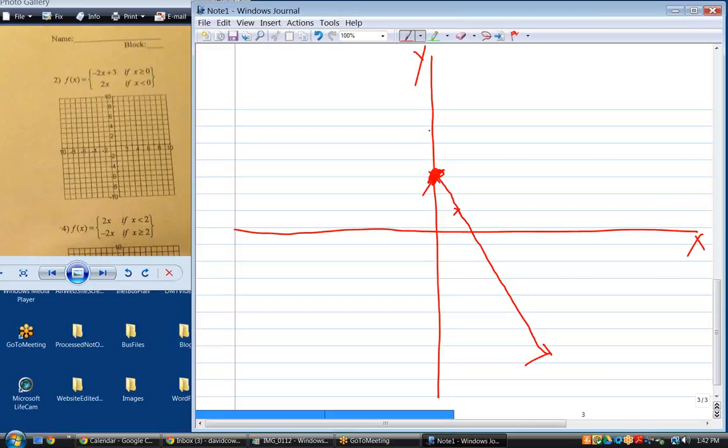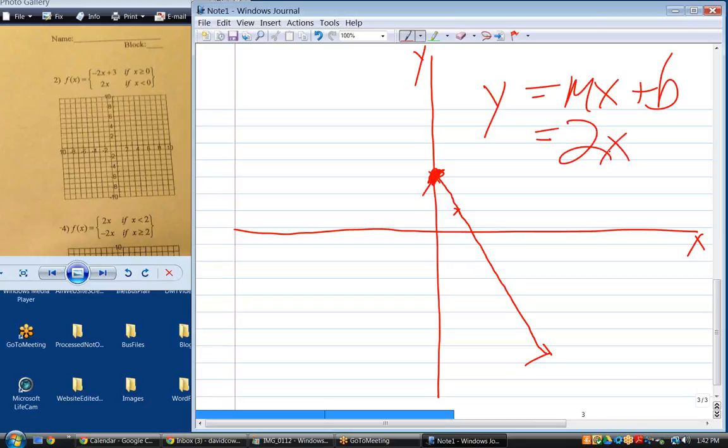Okay, now let's go to the left of the y-axis, wherever x is less than 0. Where's the y-intercept on this one? That's still in y equals mx plus b format. Only it's 2x.